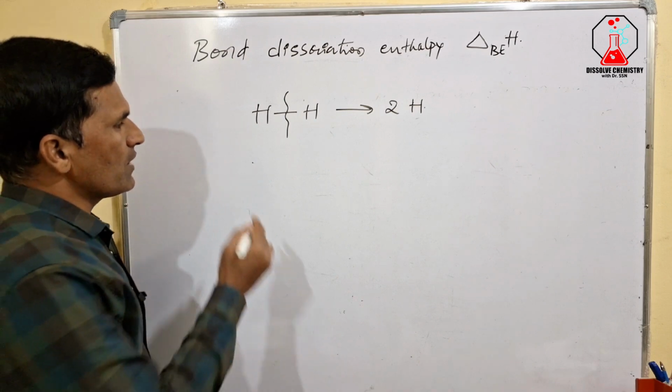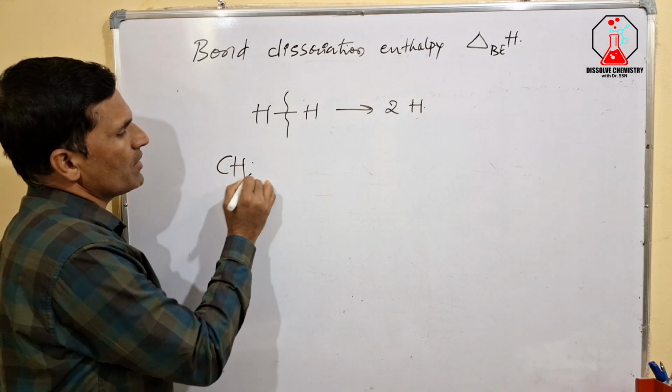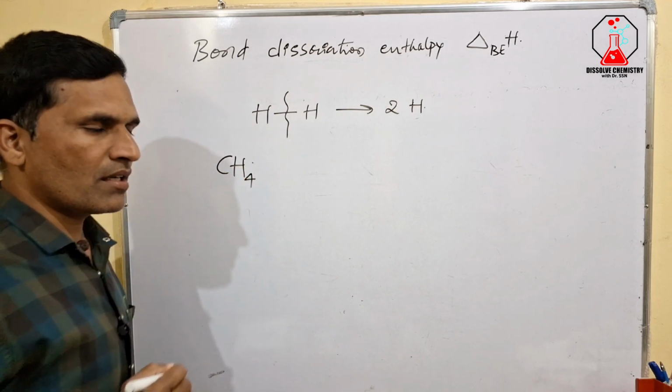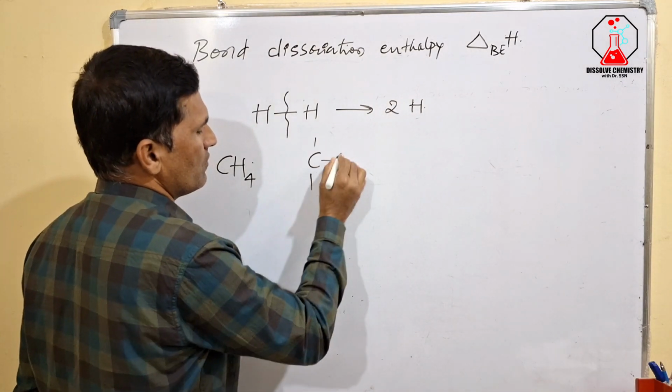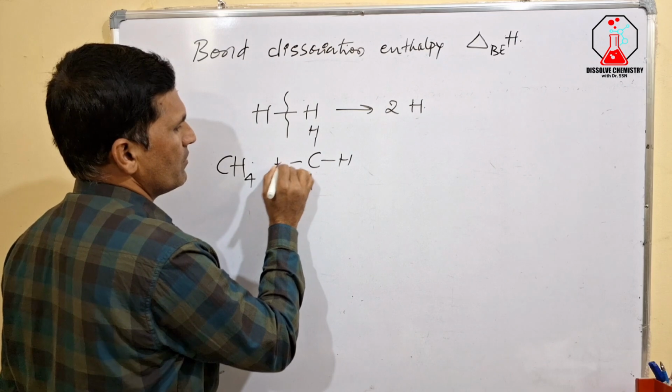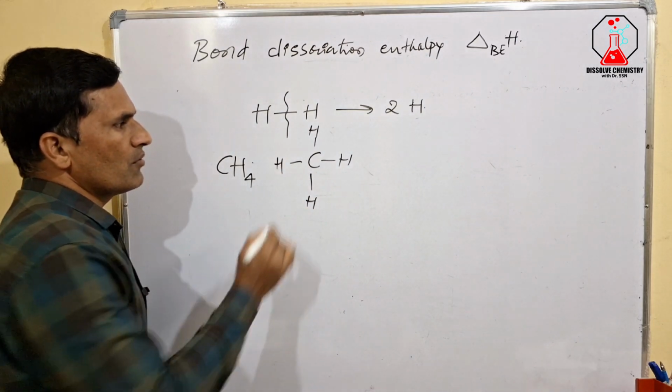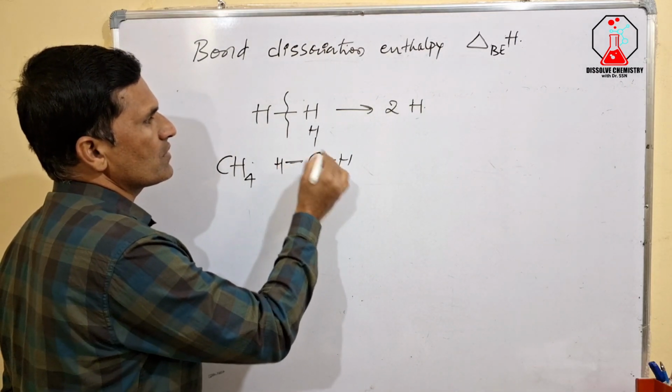Now suppose you consider a molecule like methane. In the methane molecule we find 4 CH bonds.